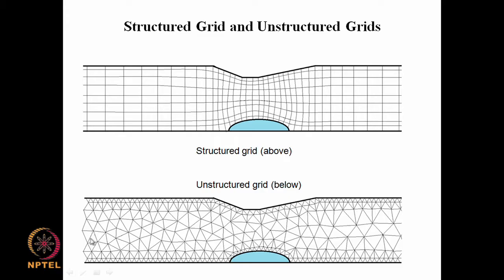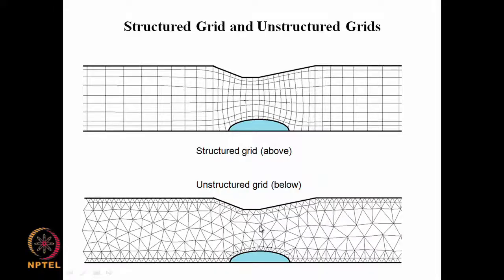If you start putting your numbering here, 1, 2, 3, 4, 5, 6 like this, then you can see that the neighbors are not somebody whom you know straight away. You need to have some special storage information of who the neighbor is. You cannot say it is i plus 1 j, i minus 1 j, i j plus 1; that kind of notation is not possible here. In this particular case each cell has 3 neighbors, and you could make up a bigger cell here with 4 neighbors or more.